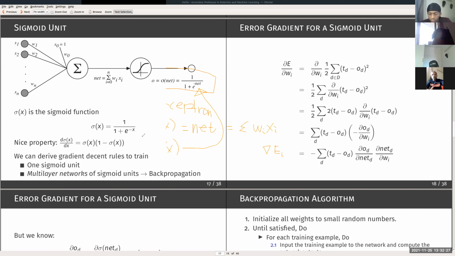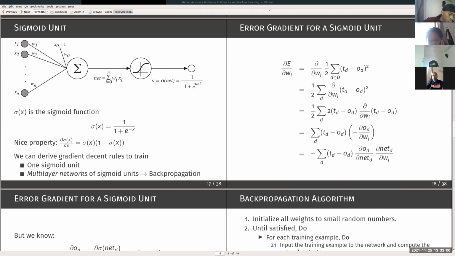This is the original sigmoid function, and its nice property is that you take the derivative with respect to x, it is just sigma x as it is multiplied by 1 minus sigma x. This is the nice property of this sigmoid unit that gives us a more manageable way of looking for the optimal solution. Now because of this derivative, let's see what happens.